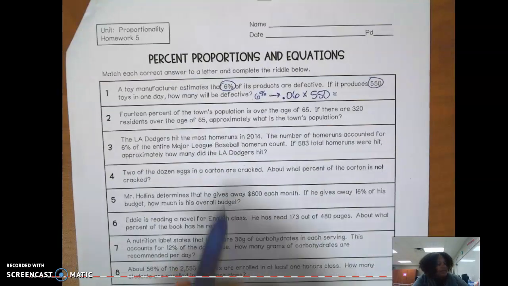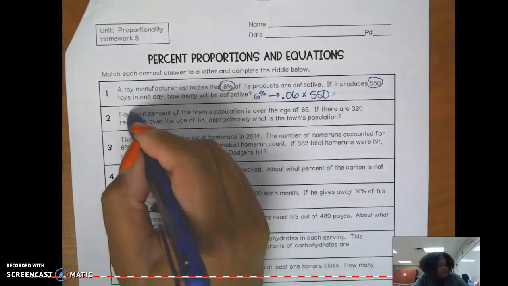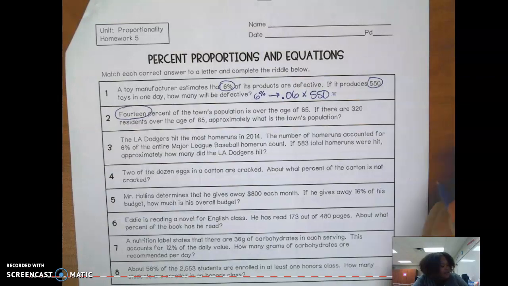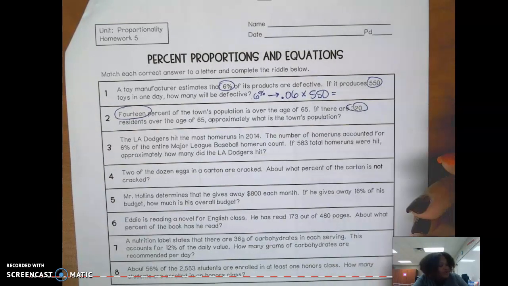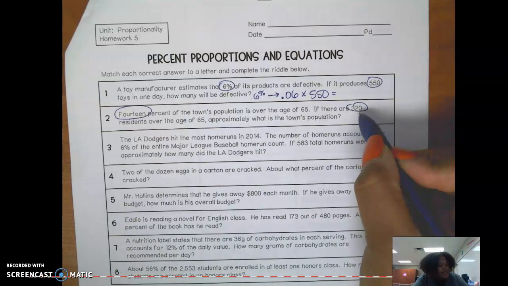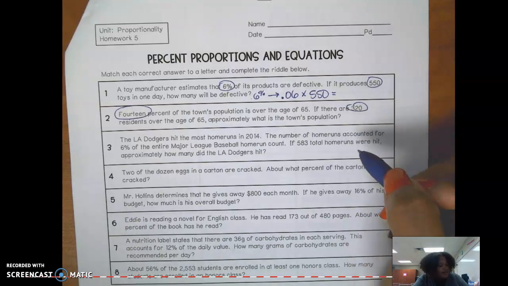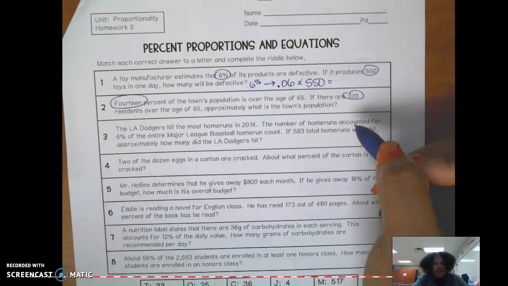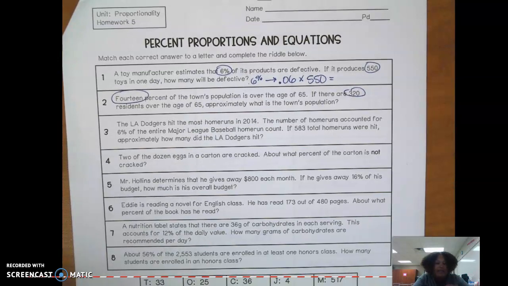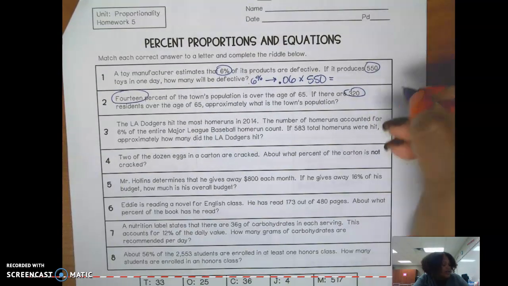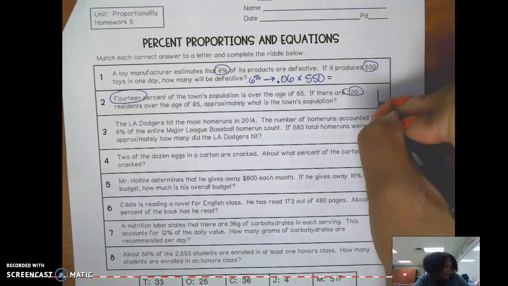The next one here says 14% of the town's population is over the age of 65. If there are 220 residents over the age of 65, approximately what is the town's population? So this is my 14%, so I need to go back. I need the whole. So I do need to make a proportion here.